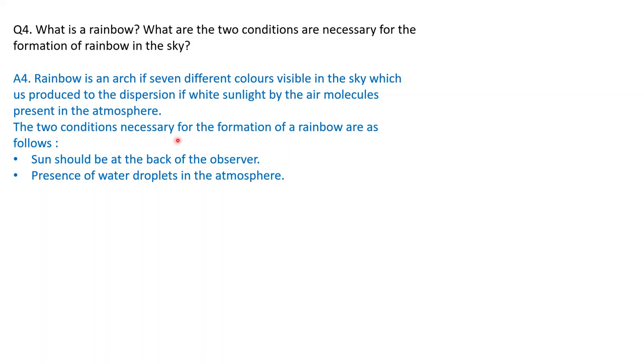The two conditions necessary for the formation of a rainbow: the sun should be at the back of the observer, and there should be water droplets in the atmosphere, because these water droplets work as a triangular prism.